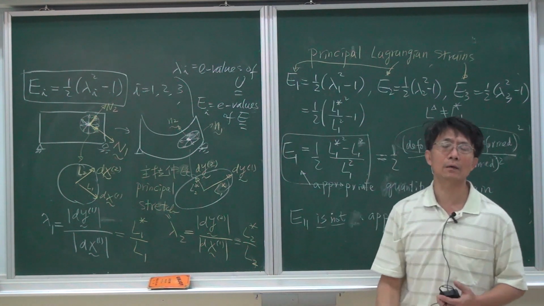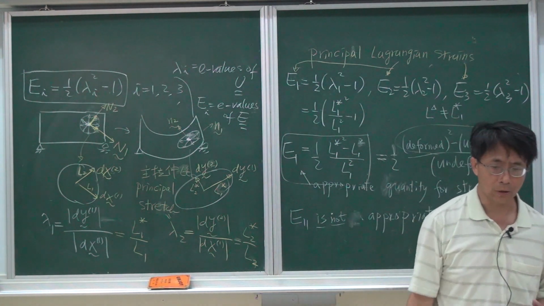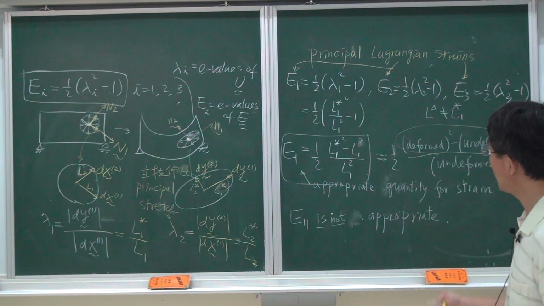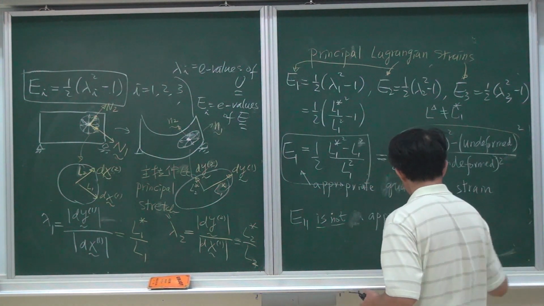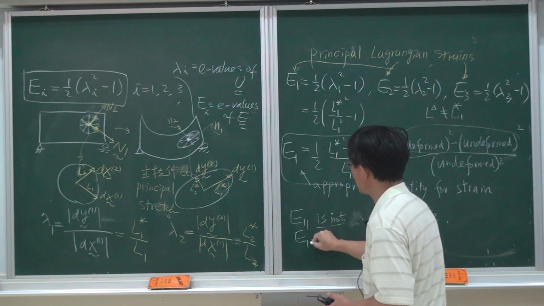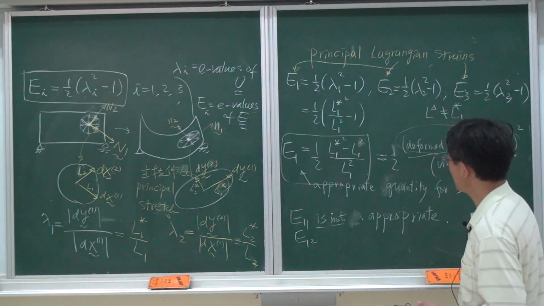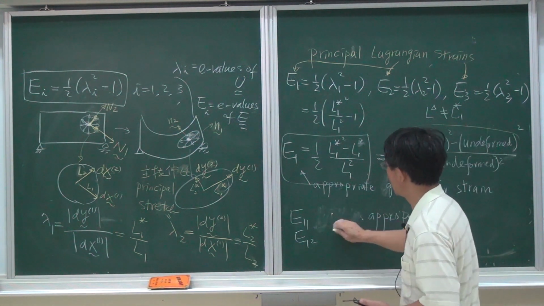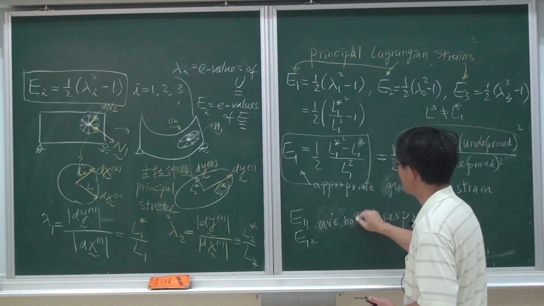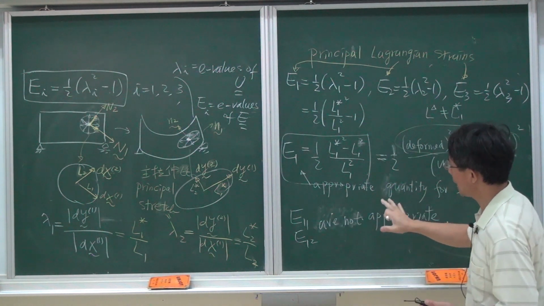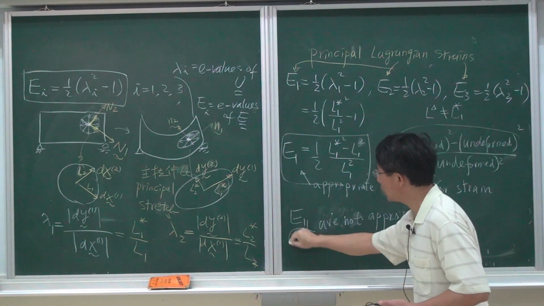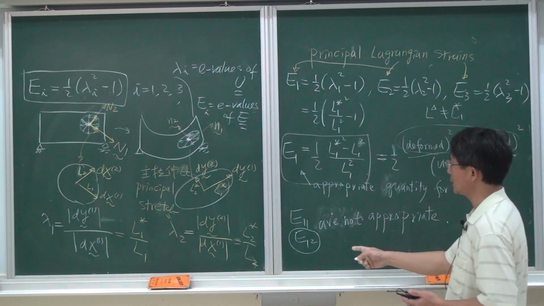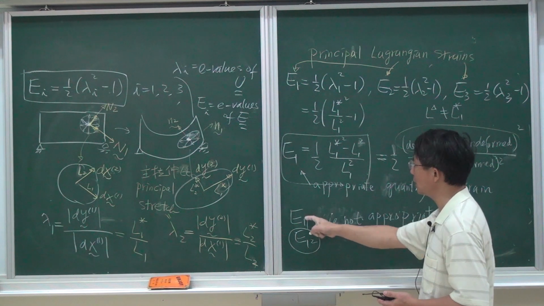These three quantities E1, E2, E3 are suitable for strain, while E11 is not suitable, and E12 and the like are not very suitable either. See here, E11 is not very appropriate, but the real trouble is E12. I want to emphasize this.